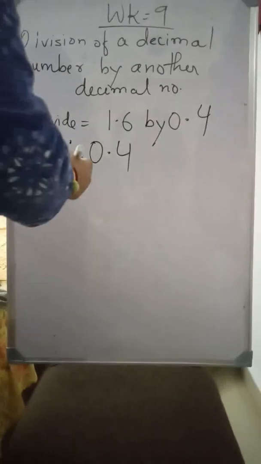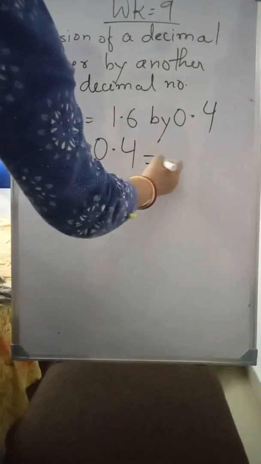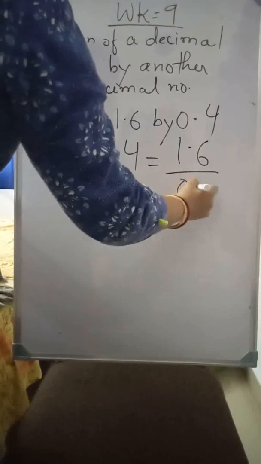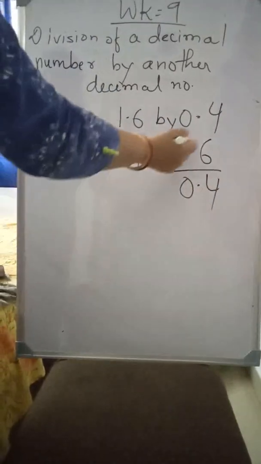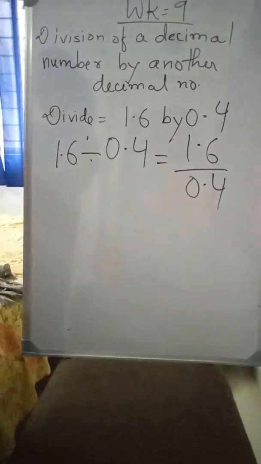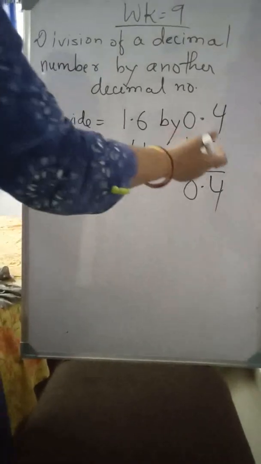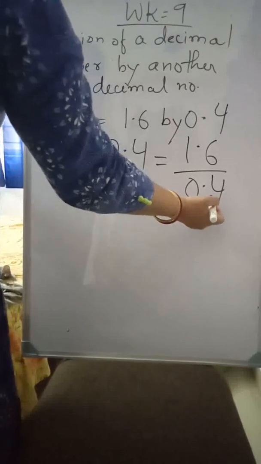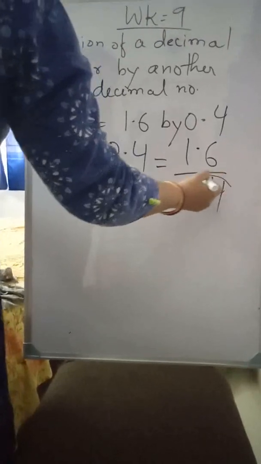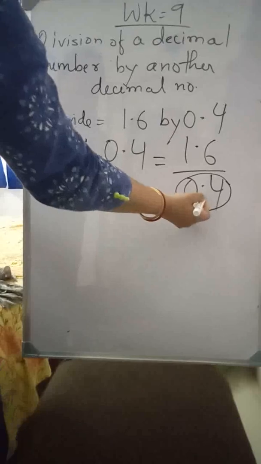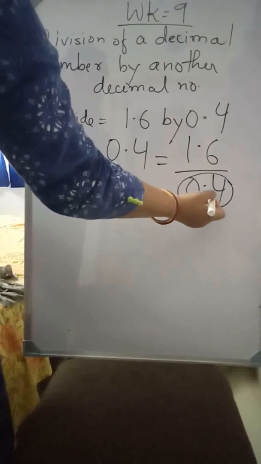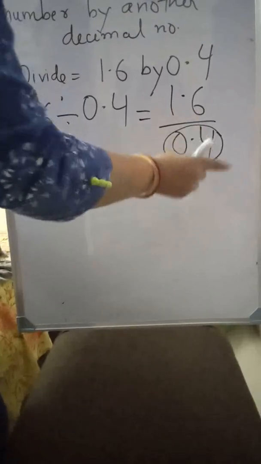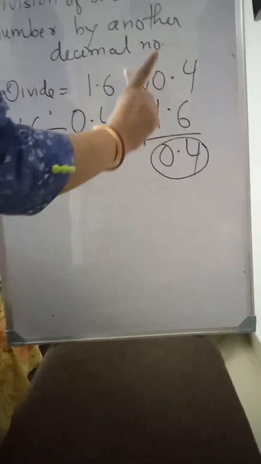I am rewriting it, giving the division expression 0.4. Here we see that this division expression can be written in fraction form, right? 1.6 by 0.4. Now let us change this divisor into a whole number. This divisor has only one decimal place.